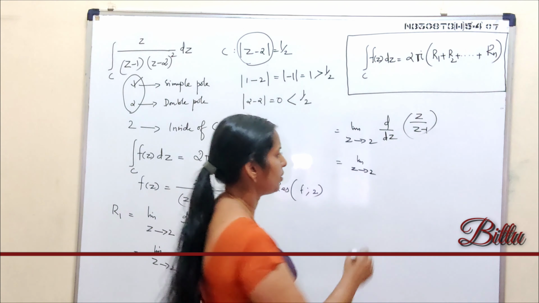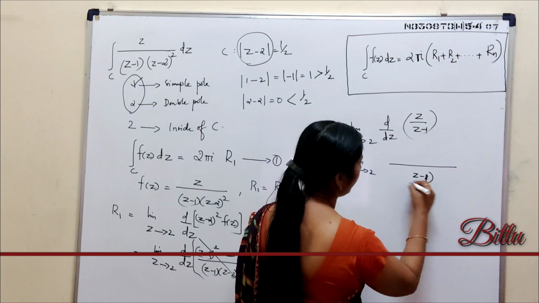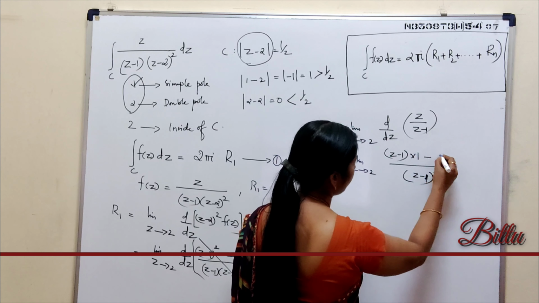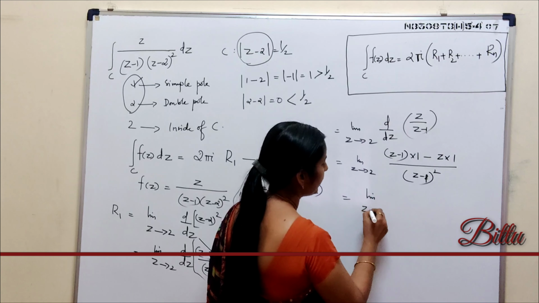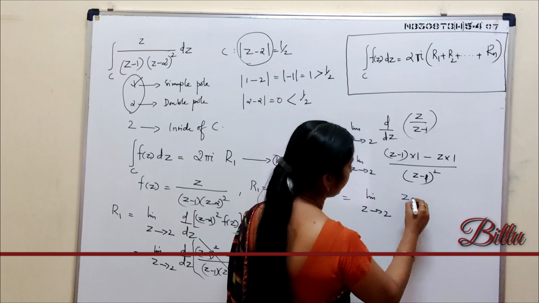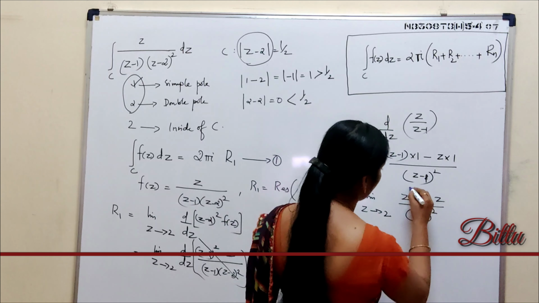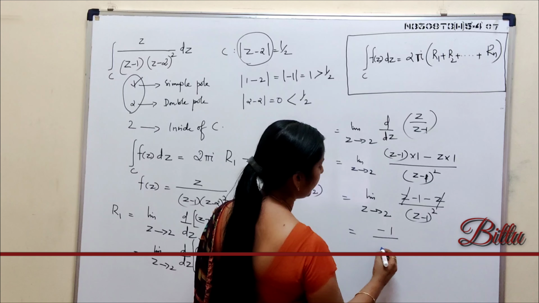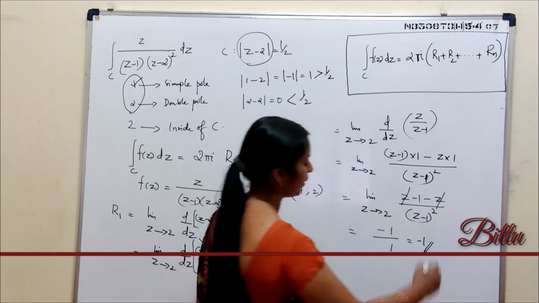It's a quotient, so you have to apply the quotient rule: denominator square upon denominator into derivative of the numerator minus numerator into derivative of the denominator. That is limit z tends to 2 of z minus 1 minus z by z minus 1 the whole square. You put z equal to 2, that is minus 1 by 2 minus 1, that is 1. So the answer is minus 1.